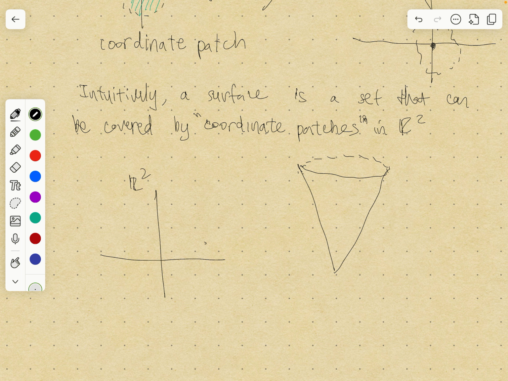So, for instance, if you have a point on the cone, you can take some piece like this, and then there's going to be some open set at the origin that will map in a one-to-one and onto fashion onto this blue patch, and then you can imagine covering for each point. So you can cover up the cone with all these patches.